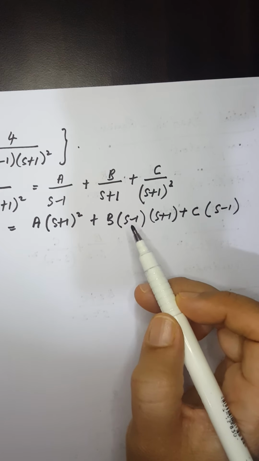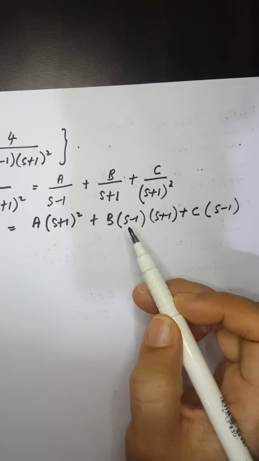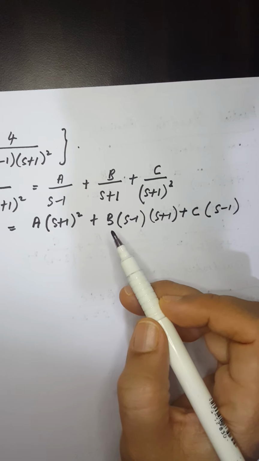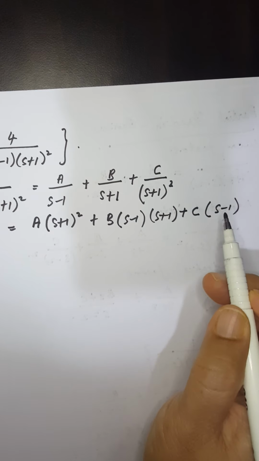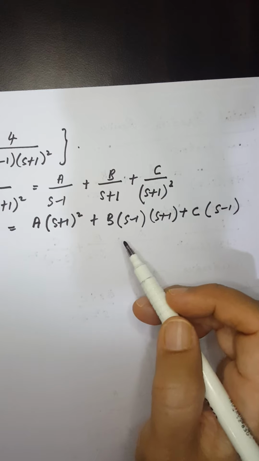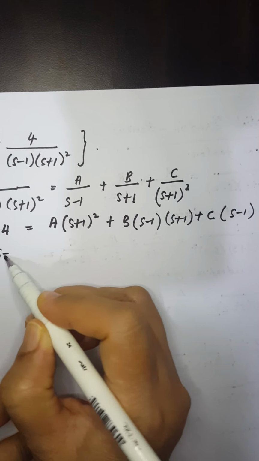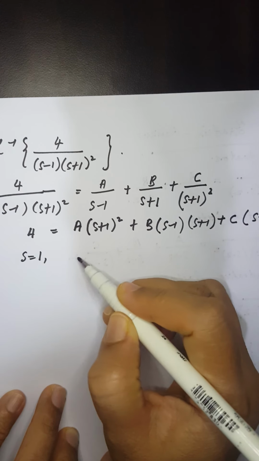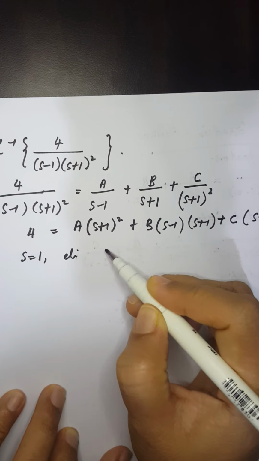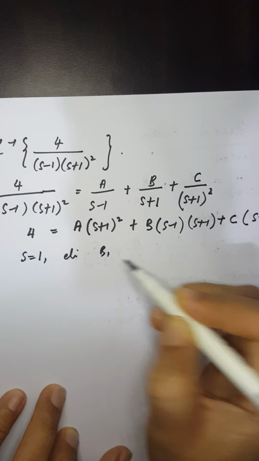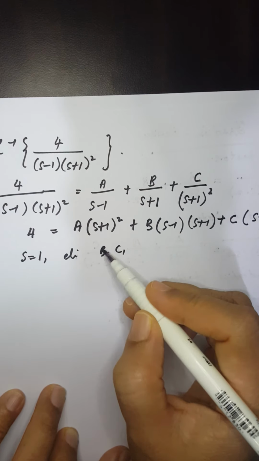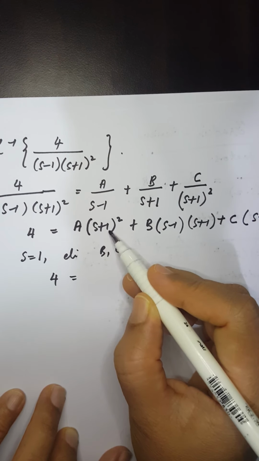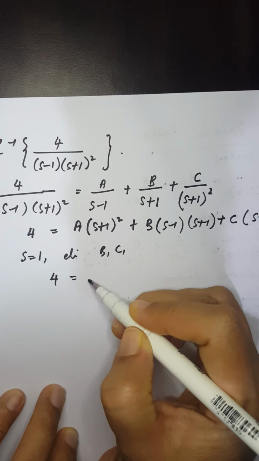So we can substitute s equals 1, and that eliminates both B and C. So when s equals 1, we eliminate B and C, and from here we can get A. So s is 1, we have 2 squared, so 4A.